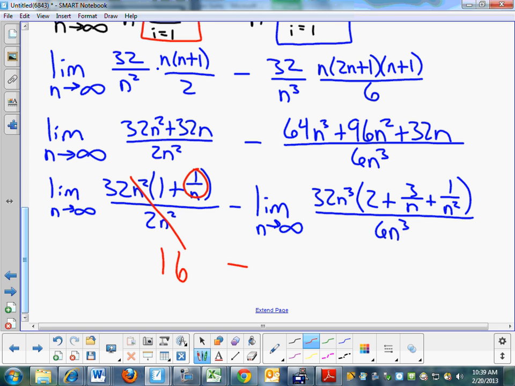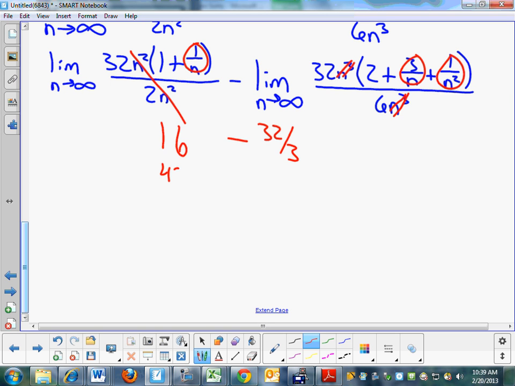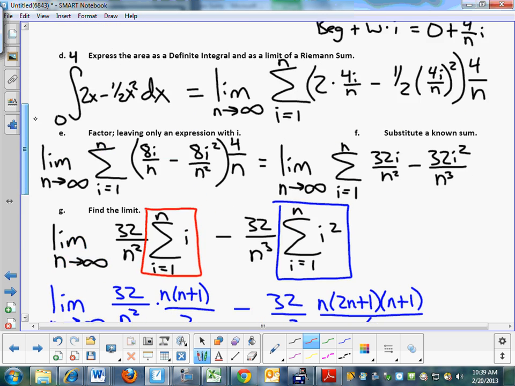And then this one, the n to the thirds cancel. 0, 0. 64 over 6 is 32 over 3. 16 is like 48 over 3, minus 32 over 3 is 16 over 3, which is 5.333. Go ahead and verify it on your calculator. Look at that!